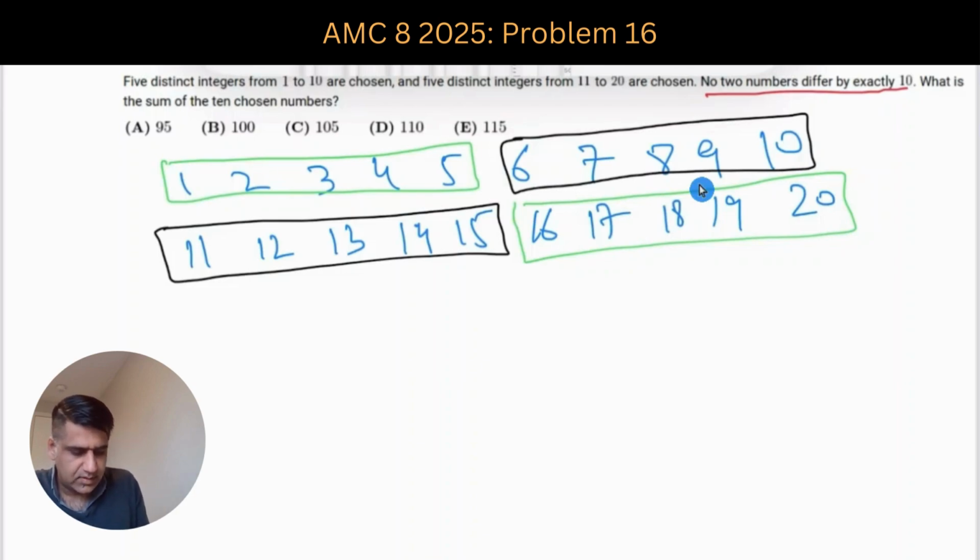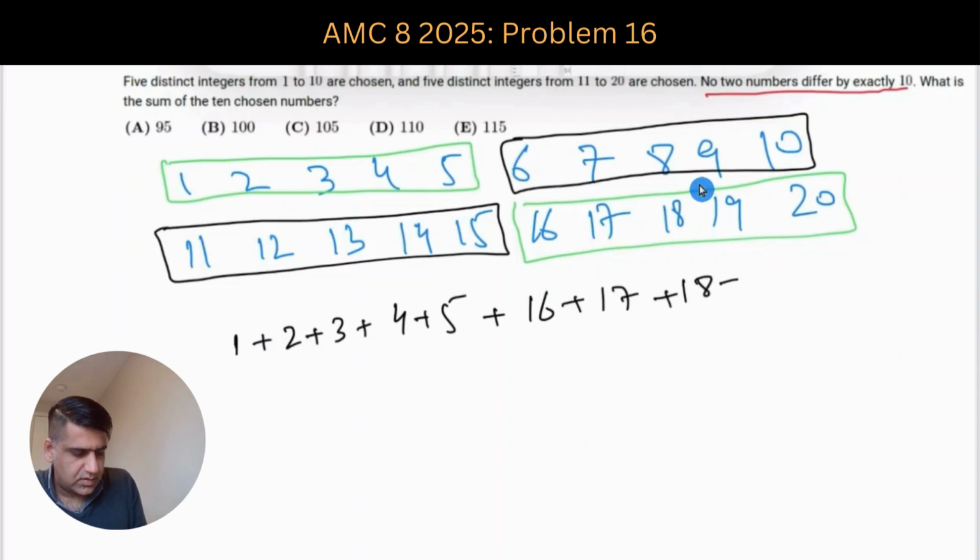So let's take the ones that I circled in green. So I will just write 1 plus 2 plus 3 plus 4 plus 5, then 16, 17, 18, 19 plus 20. Now we can simply sum that up.